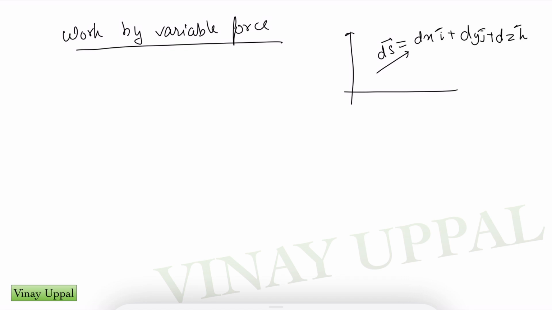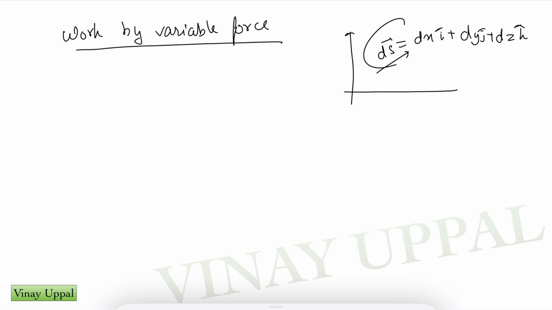Now let's look at how to calculate the work done by a variable force. In general, I can say that my infinitesimal displacement is dx i cap plus dy j cap plus dz k cap.